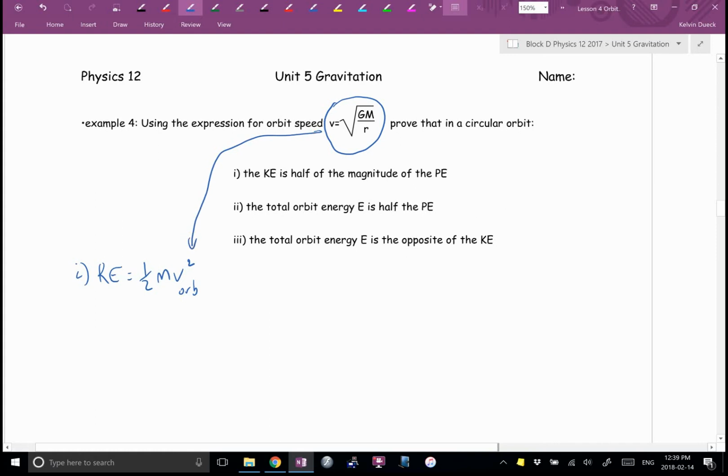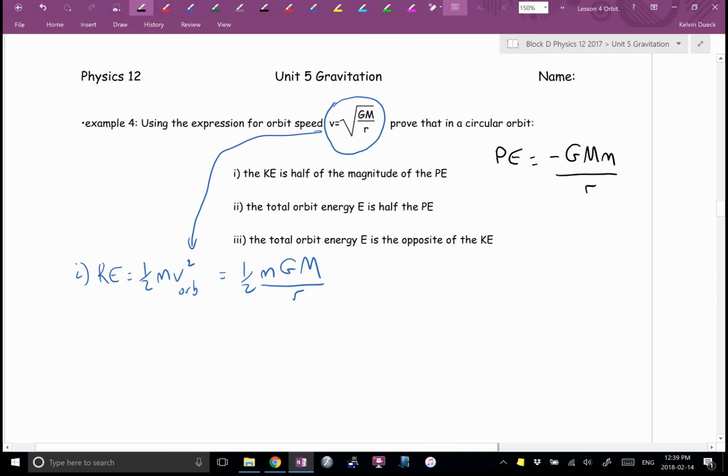Now, when I square a square root, what happens? So I get this: a half, a little m, a big G, a big M, and an R, not an R squared, but an R. Off to the right here, let's write our cosmic potential energy equation, which was negative big G, big M, little m over R. That one is on your formula sheet.